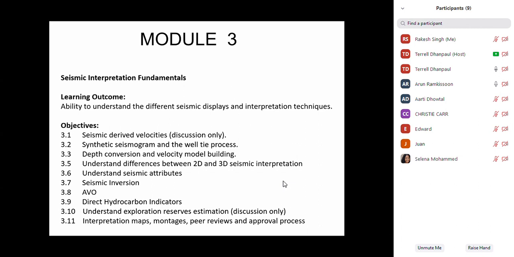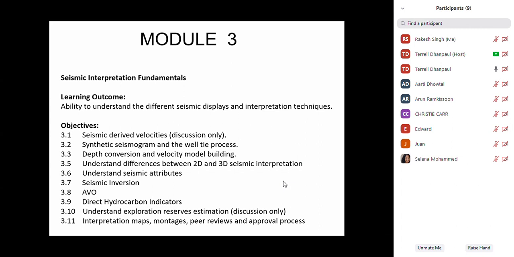All right. Then we have why you depth convert, and remember seismic data is recorded in time, and you need to get that time into depth. Okay, which is where you can plan your wells and plan your casing and all the different things that go along with drilling the well.